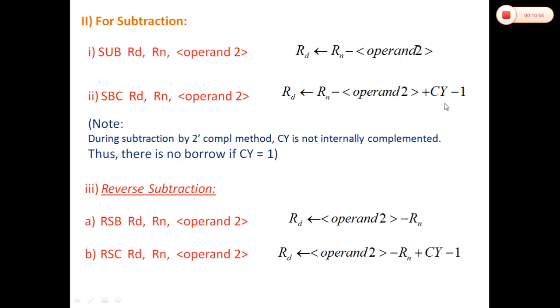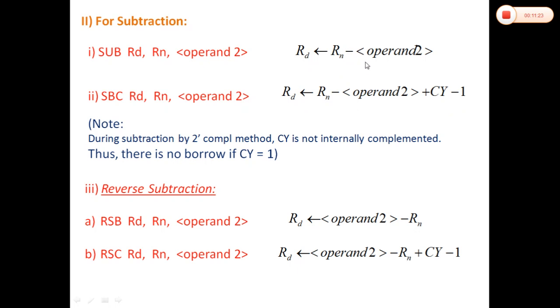You can understand that in the previous subtraction operation, suppose the borrow was needed, then the carry flag will be 0. Then when this instruction works, because the carry flag is 0, it is 0 minus 1, so this 1 will be subtracted from this. Because there was a borrow, 1 will be subtracted.